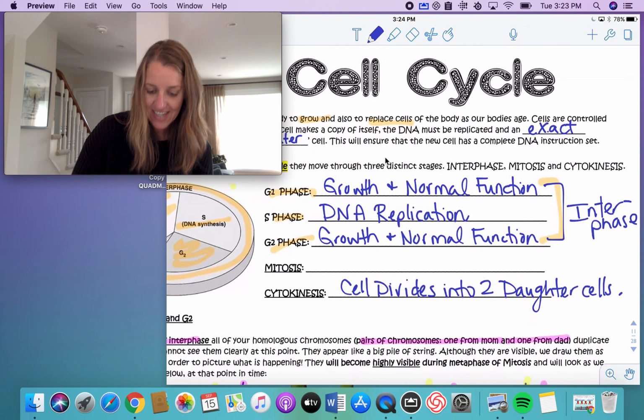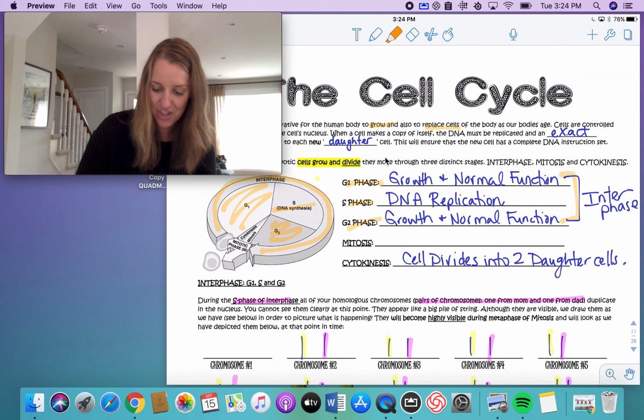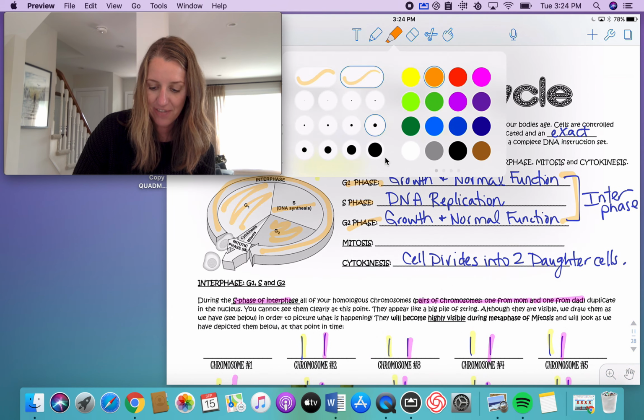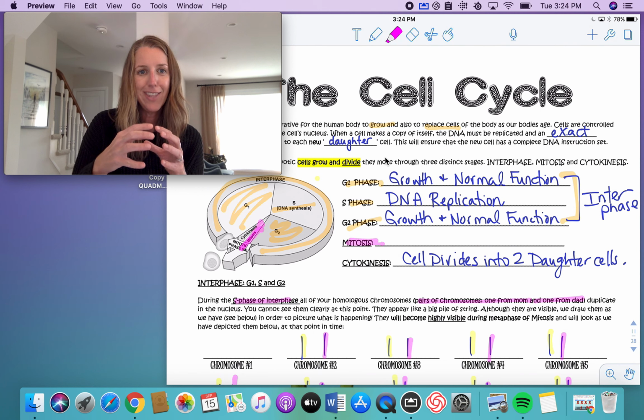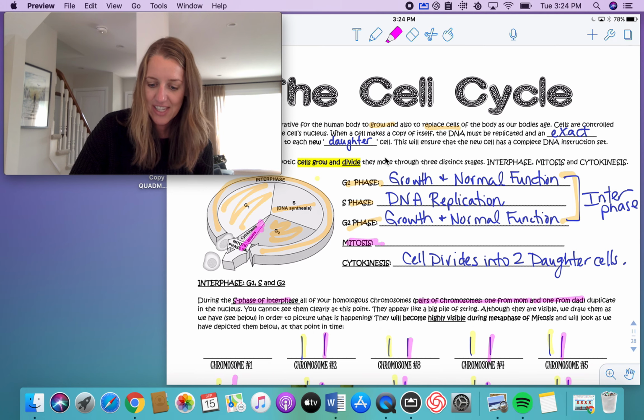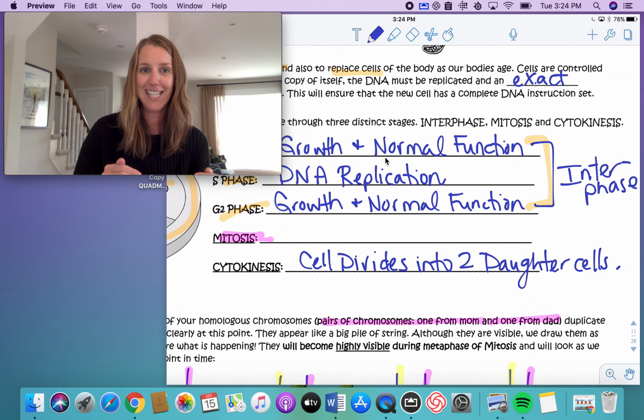The second major stage of cell growth is the mitosis stage. Okay, let's do that one in a different color so you can see. Mitosis, again, is this teeny little part of the entire timeline, if you will, of the cell cycle. And the mitosis stage has different phases. And this is where you have to use a little acronym to help you remember the different names of the phases.